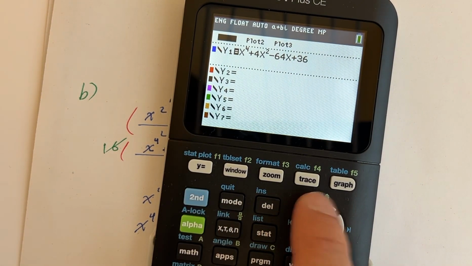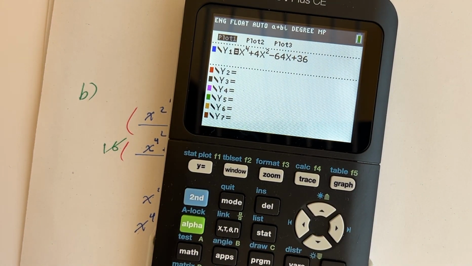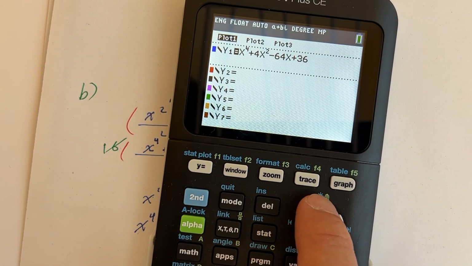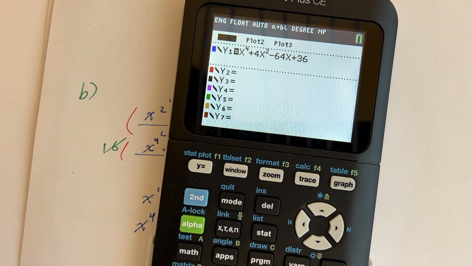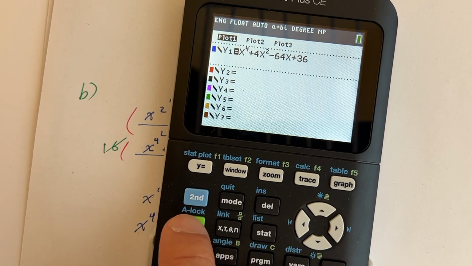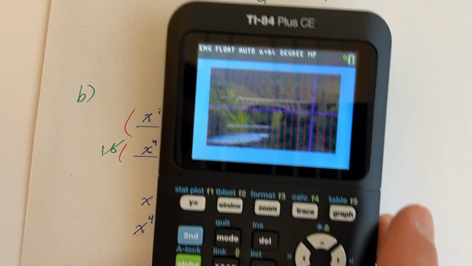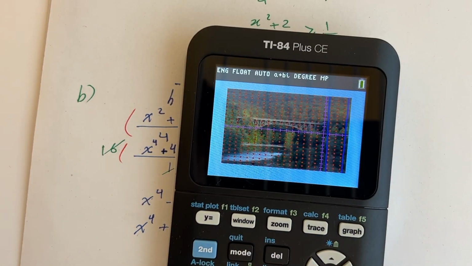So I will go up, plot. It's not plotting, I don't know why.